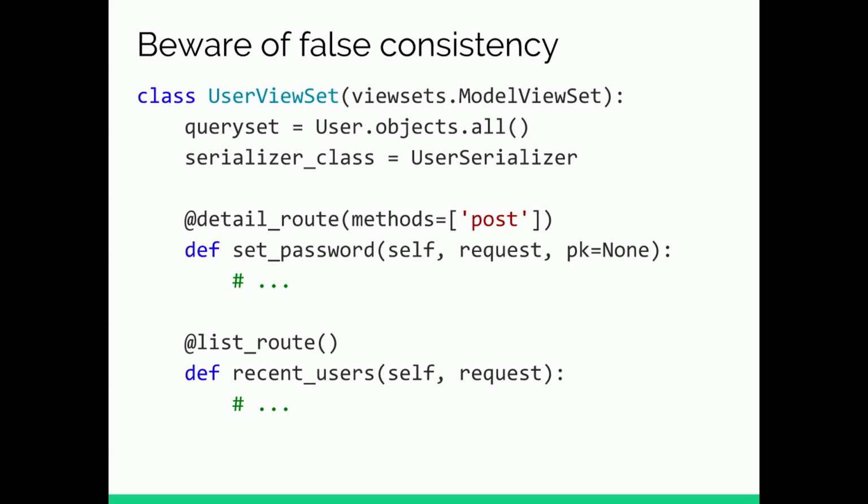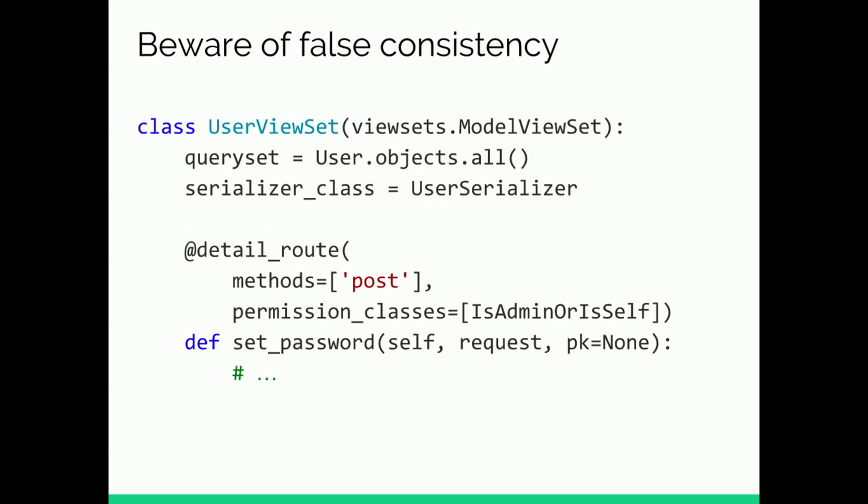And the solution that Django REST Framework suggests for that is to add permission classes on set password. So see that we had a thing that is general, and then it's not general again. So why make the first thing general? Maybe we should have two views instead of a viewset.